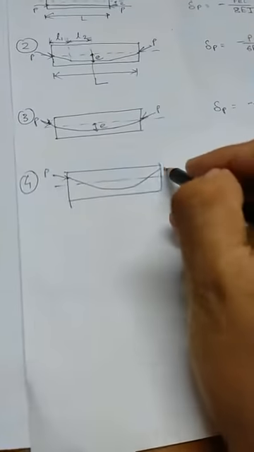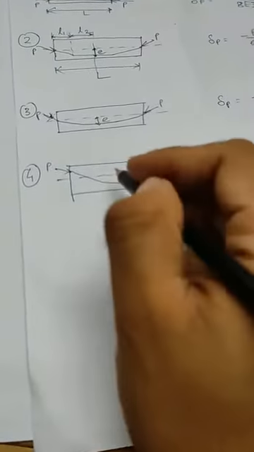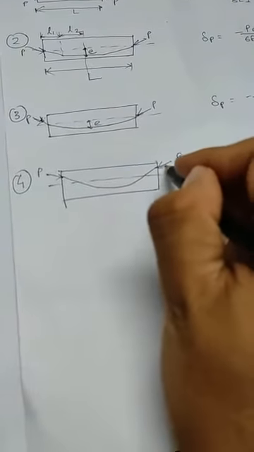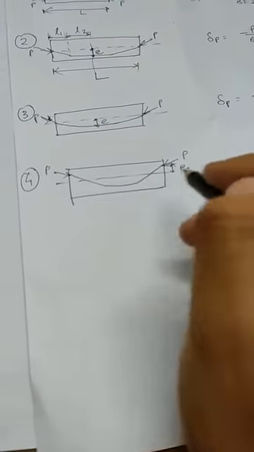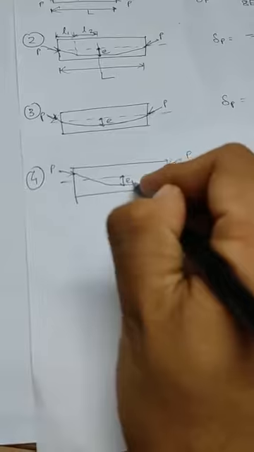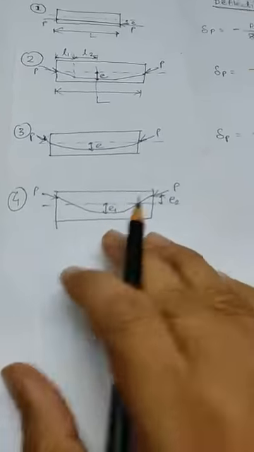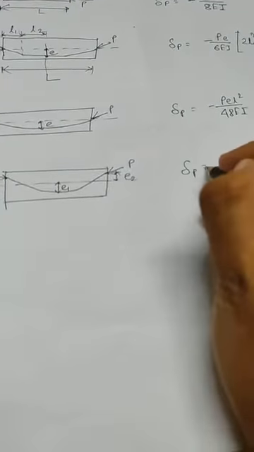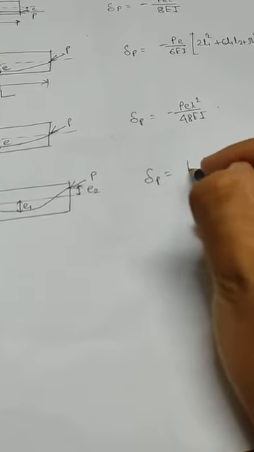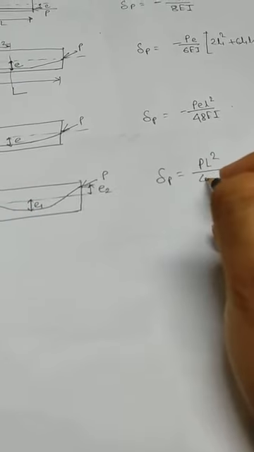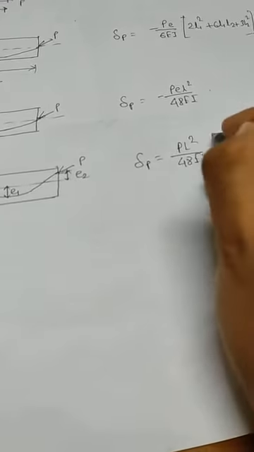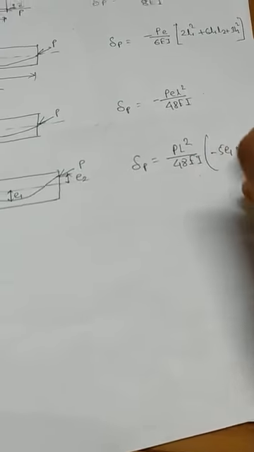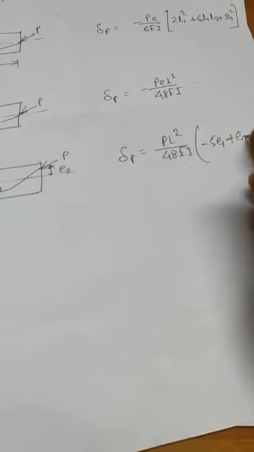Okay, this is the compressive prestressing force P, and here the eccentricity is E2 and here the eccentricity is E1. There are two eccentricities in this fixture. So the deflection would be PL square by 48 EI into minus 5 E1 plus E2.